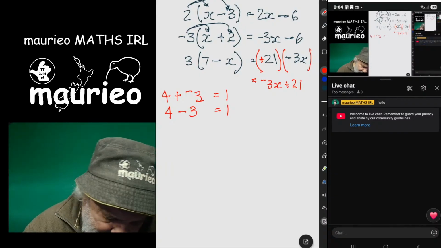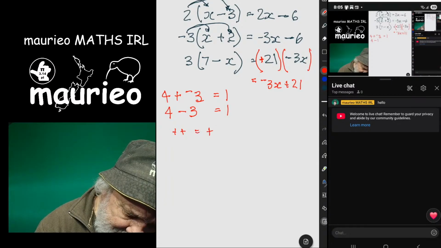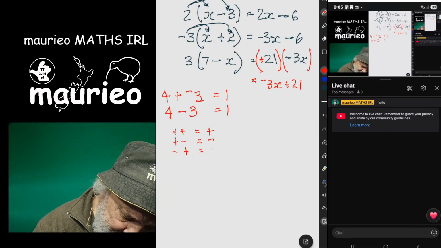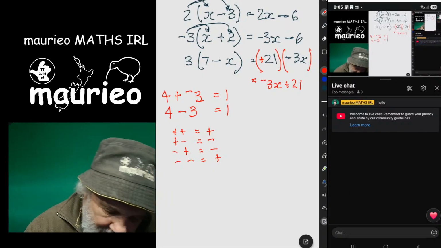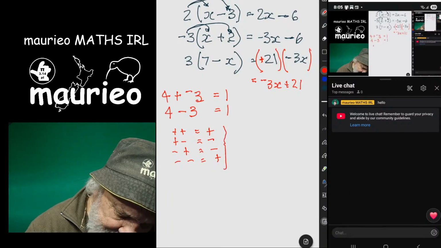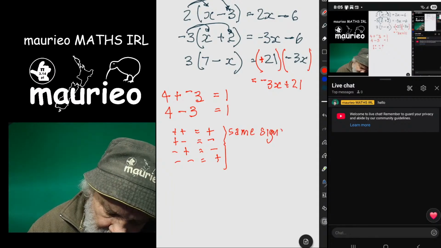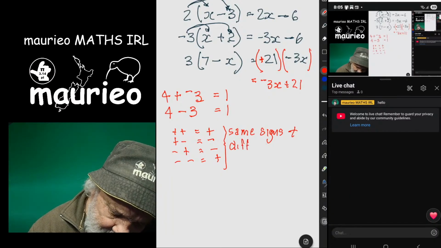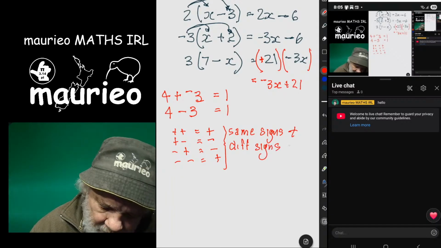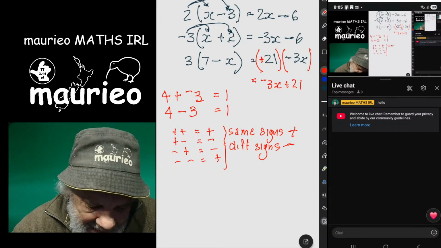Hopefully you all know that. If you have these signs in a row: same signs, plus; different signs, negative. Plus plus is plus, minus minus is plus, plus minus is negative, and minus plus is negative.